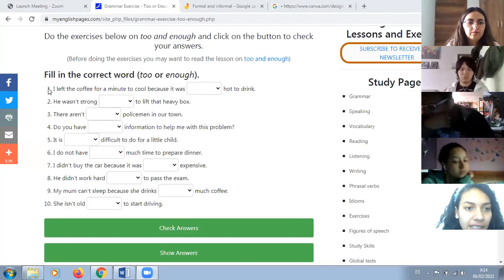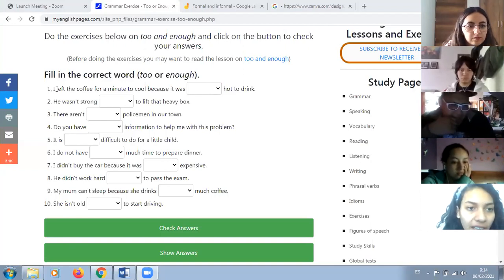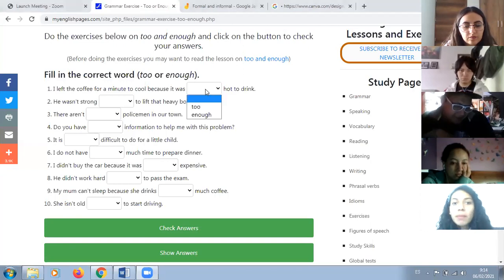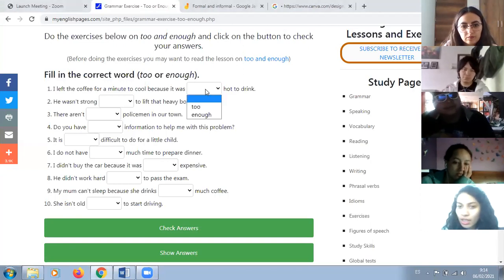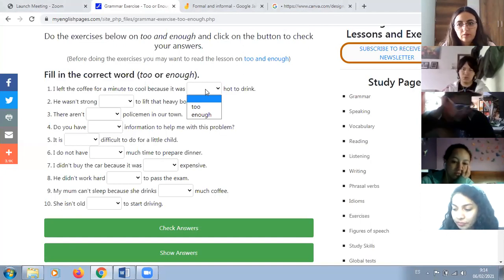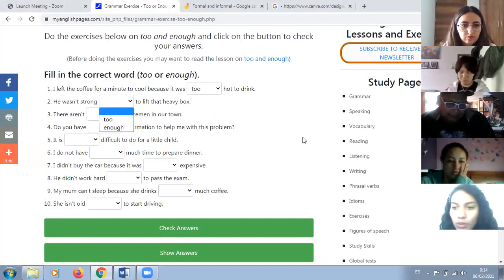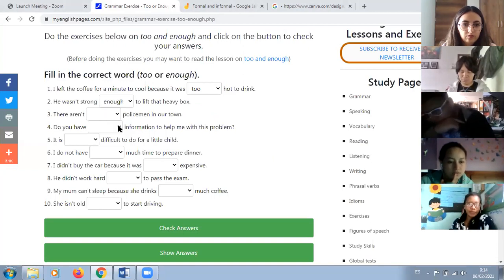In the first, it says, I left the coffee for a minute to cool, para que se enfríe el coffee, because it was enough hot to drink or too hot to drink? Too hot. Too hot, thank you. Number 2, he wasn't strong enough, right?